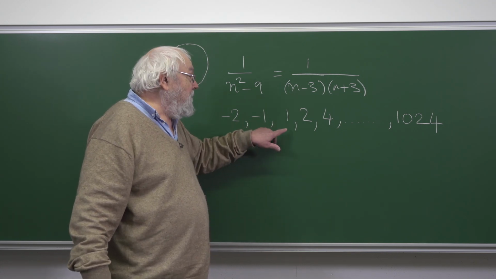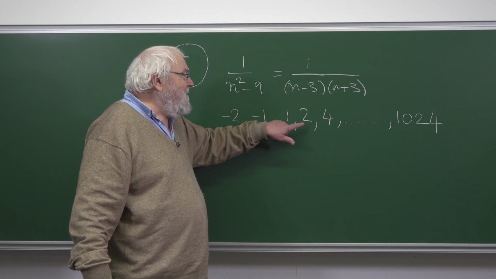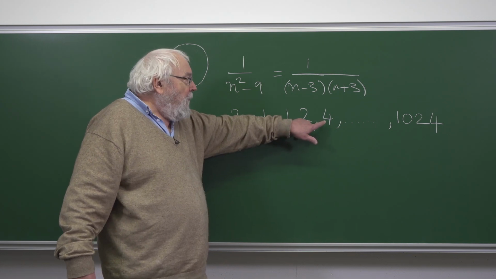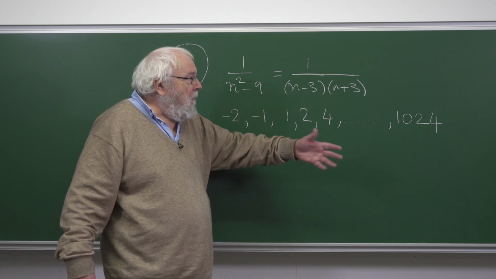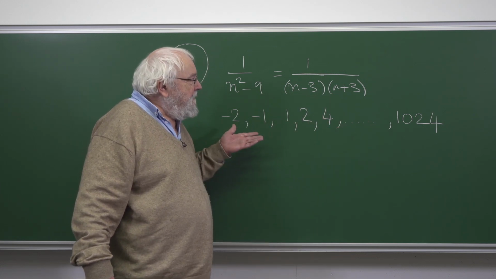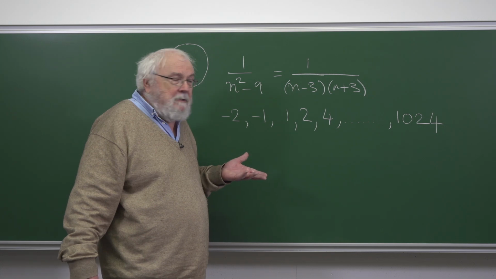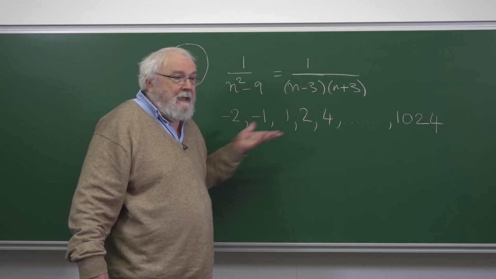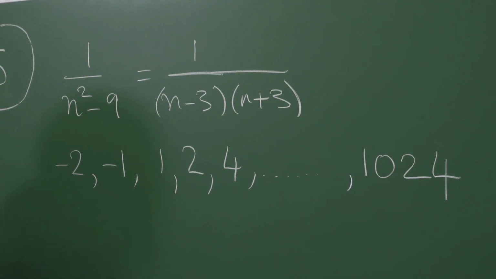And they are, well, actually, these numbers here are too small, but 4, 8, and so on, up to 1024. And in each of those cases, you could just simply inspect, to see whether if you subtract 6 from that number, you get a number which is only divisible by the primes 2 or 5, but no other primes.